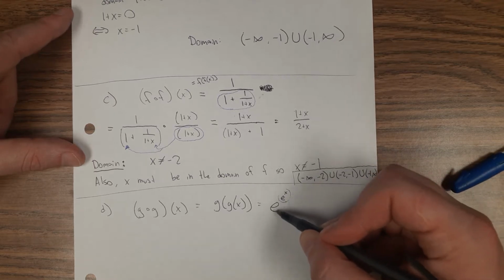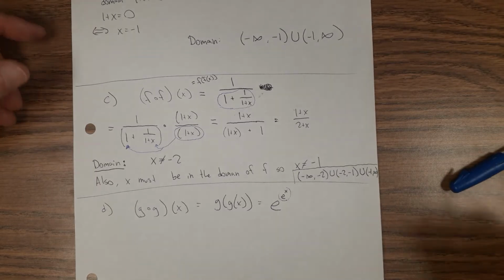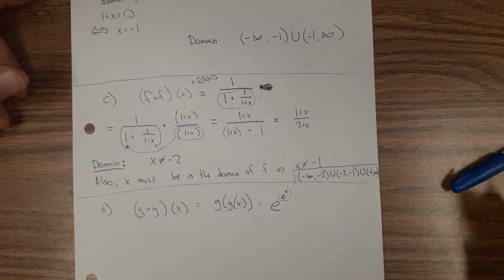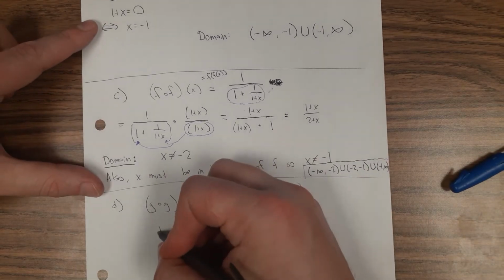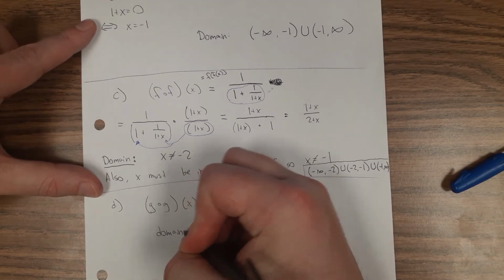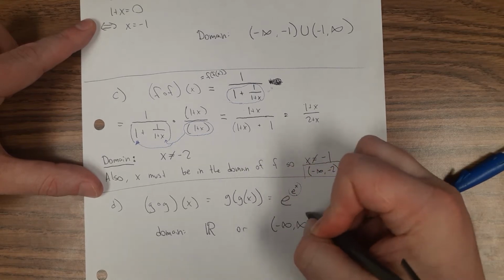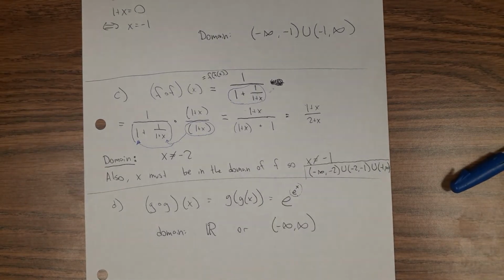And then I just have to do e to that power, and that would never cause a problem because, and I'm repeating myself here, I can do e to whatever power I want. So the domain is all real numbers. Okay.